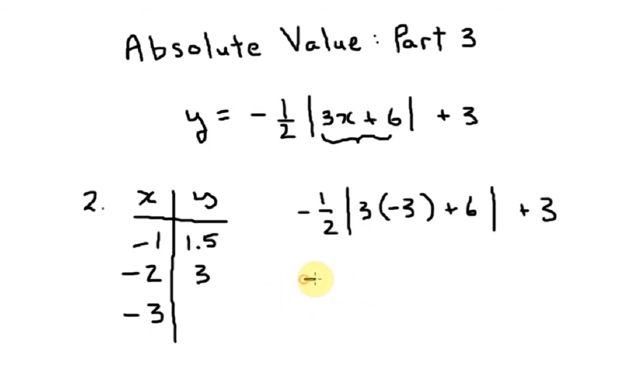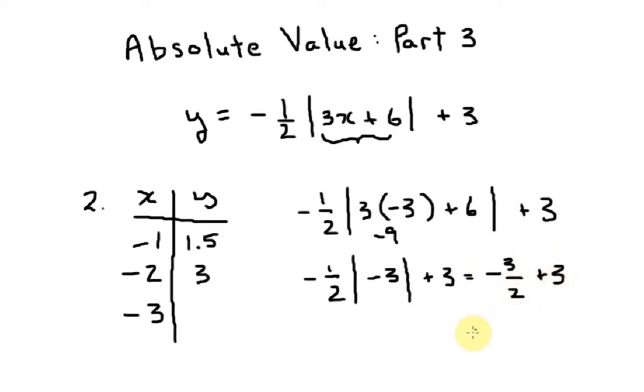And I think you'd be correct, but just to be on the safe side, let's have a little look. This is negative 9, and negative 9 plus 6 is negative 3. But when we take the absolute value of that, we're still going to end up with positive 3 times negative 1/2. So we're going to get negative 3/2 plus 3, and yep, 1.5 again. So there's our table of values.